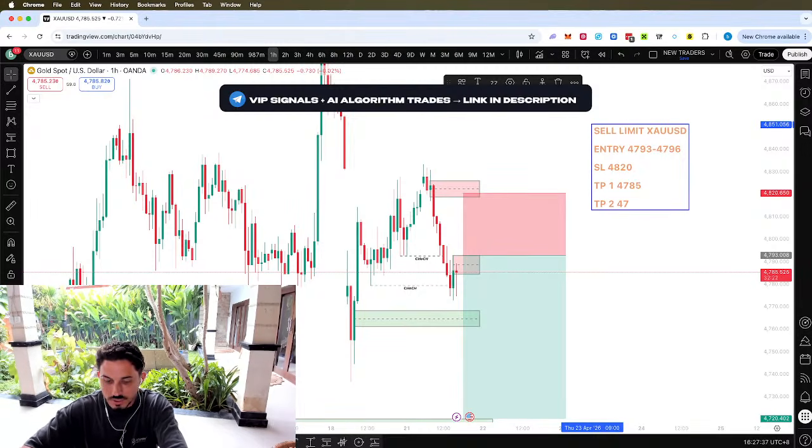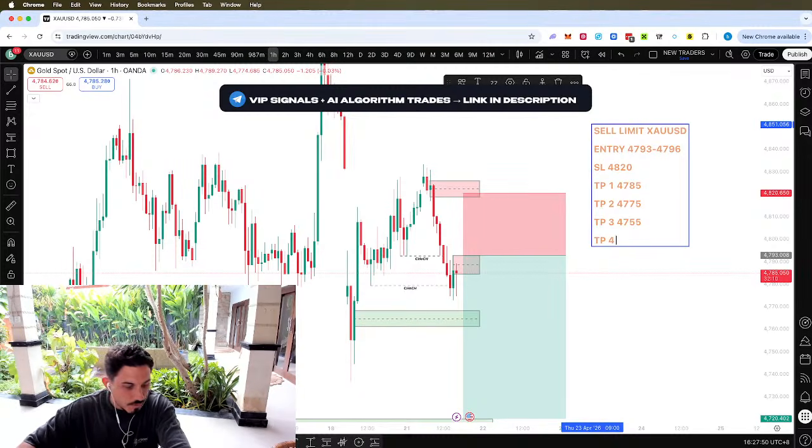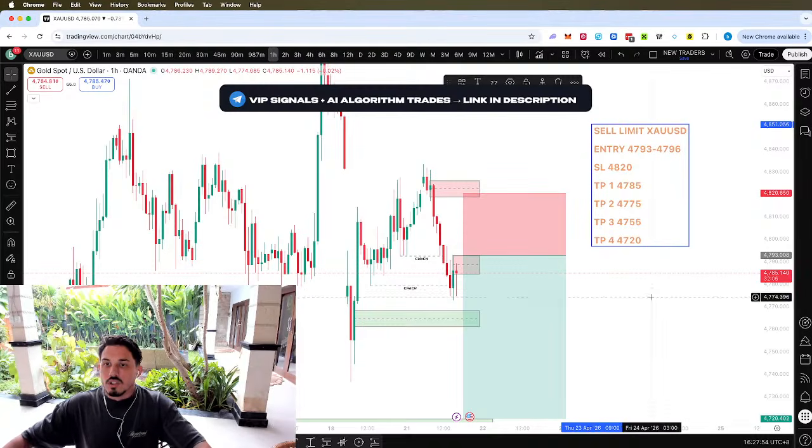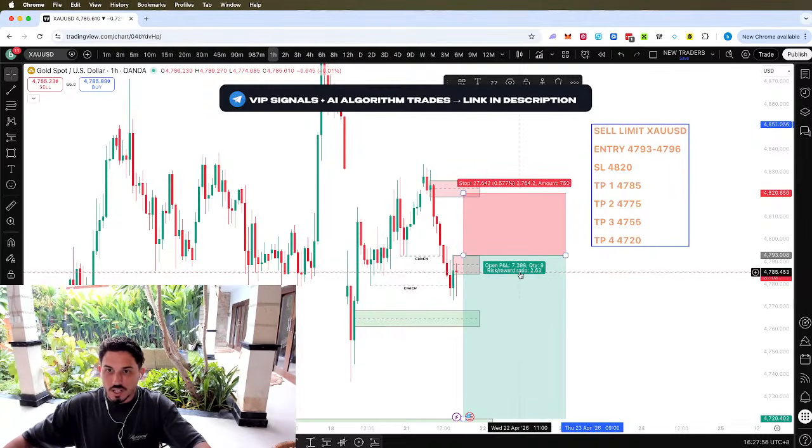TP2 will be 4775. TP3 will be 4755. TP4 would be 4720, and this will give us a nice 2.6 risk to reward.